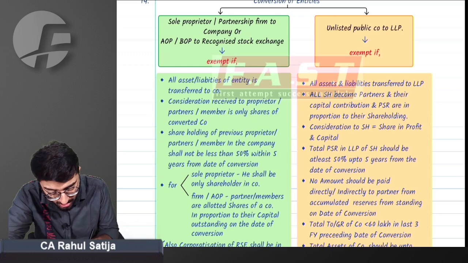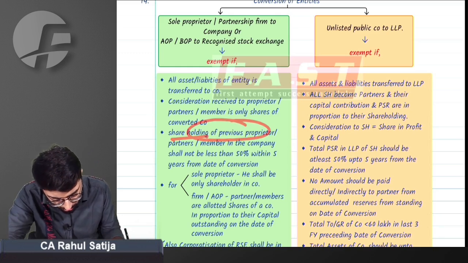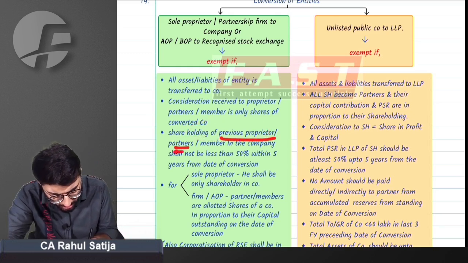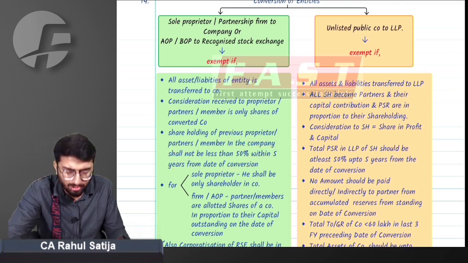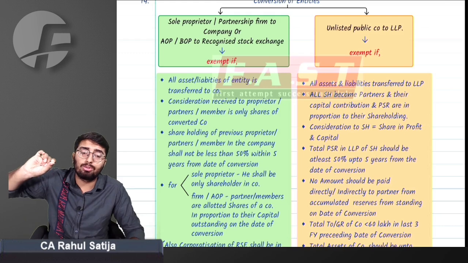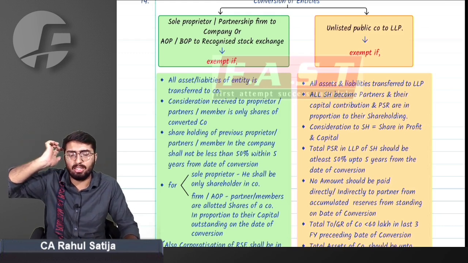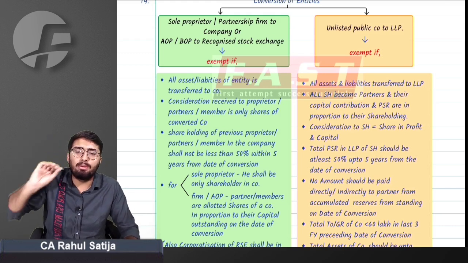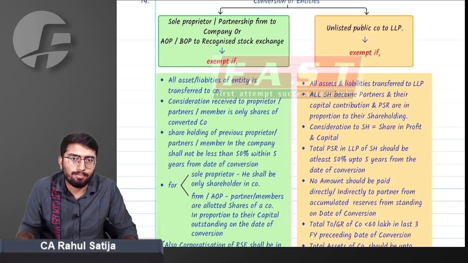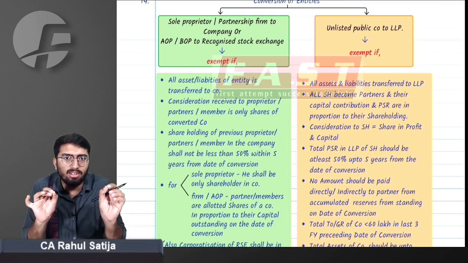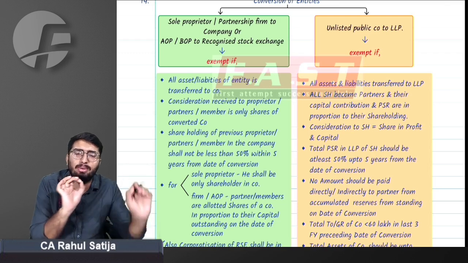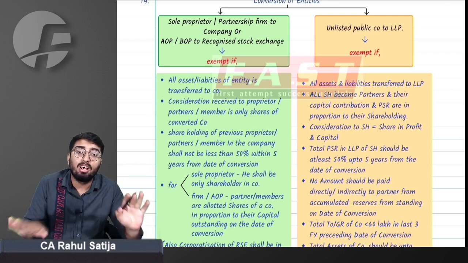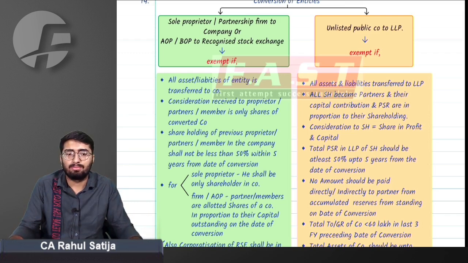Also, there is another condition that shareholding of the previous proprietor or members should not be less than 50% within 5 years from the date of conversion. It puts a condition on selling off any shares in such a converted company. What it says: as soon as the sole proprietor gets converted into a company, shareholding shall be at least 50% by such partners or such sole proprietor for at least 5 years.